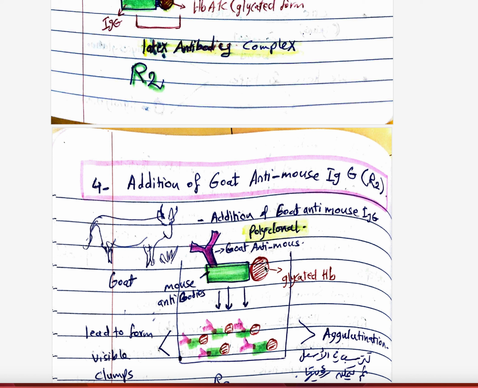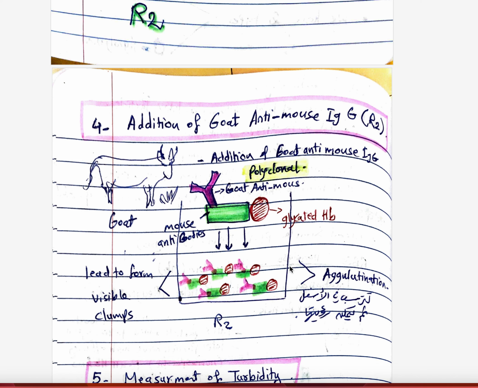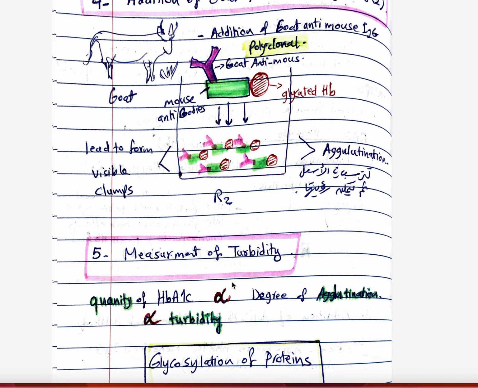And after we add them, this is the glycated hemoglobin. This is the mouse anti-human immunoglobulins or antibodies, which are monoclonal antibodies. And then we add the goat anti-mouse antibodies. So that leads to agglutination. They make agglutination at the bottom of the sample, and then we see these clumps.